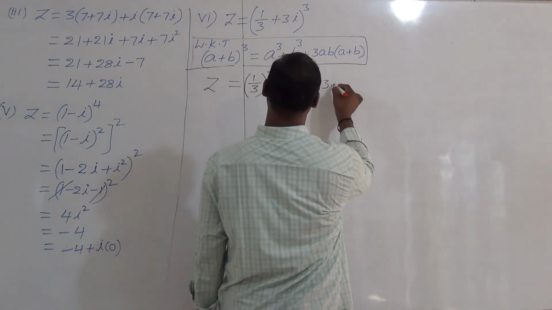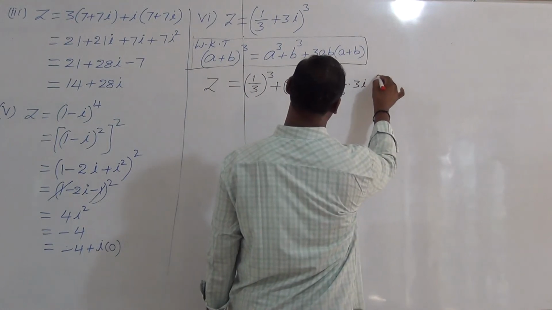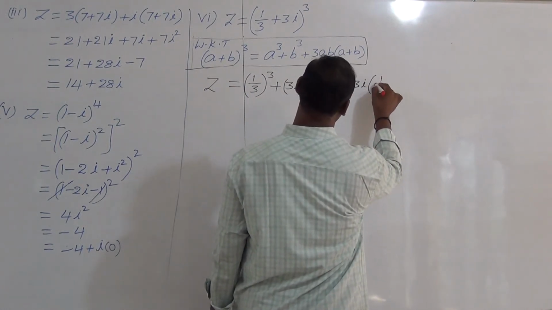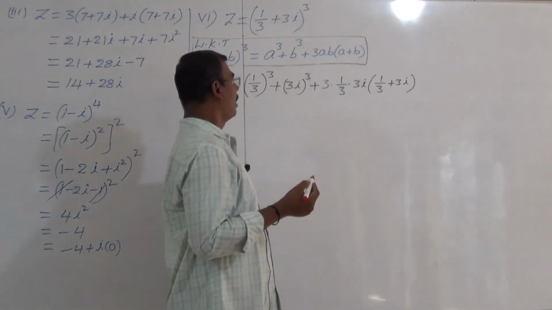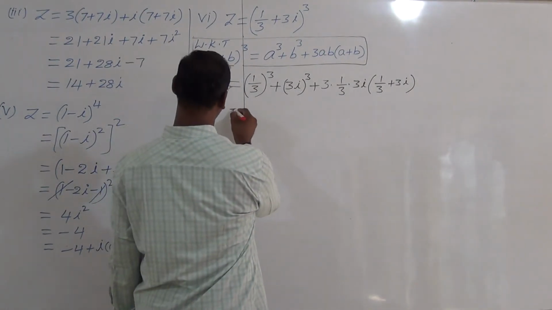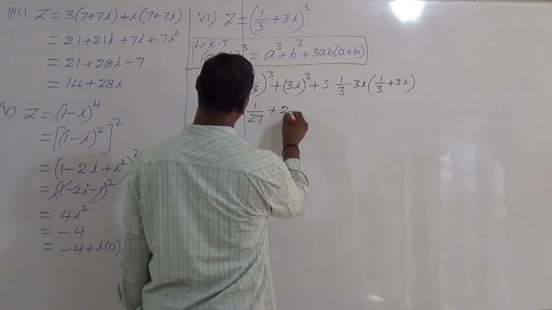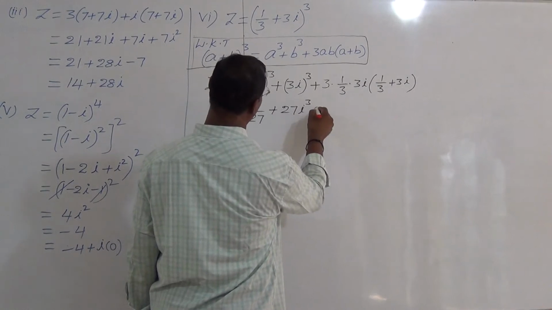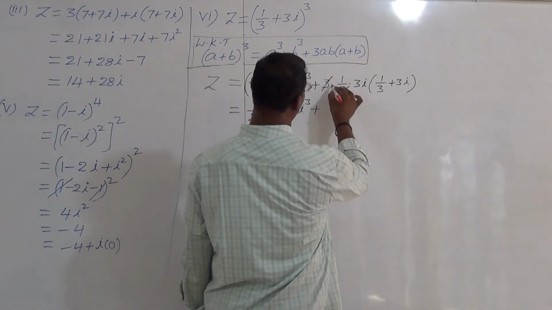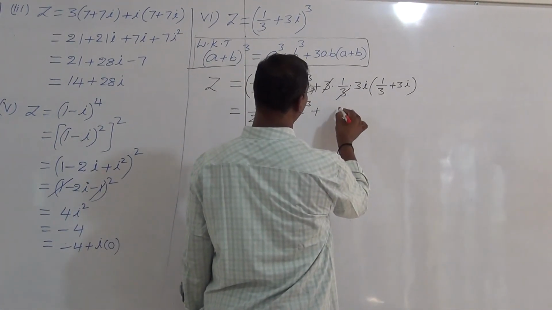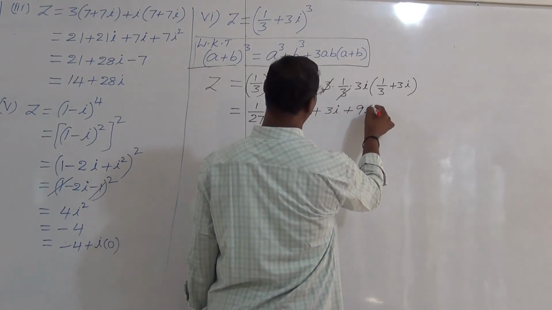Three into a value 1 by 3, b value 3 iota, bracket of 1 by 3 plus 3 iota. Now simplify this value. This will be 1 upon 27 plus 27 iota raised to 3. Here 3 gets cancelled, plus multiplying, 3 gets cancelled, means here 3 iota plus 9 iota square.